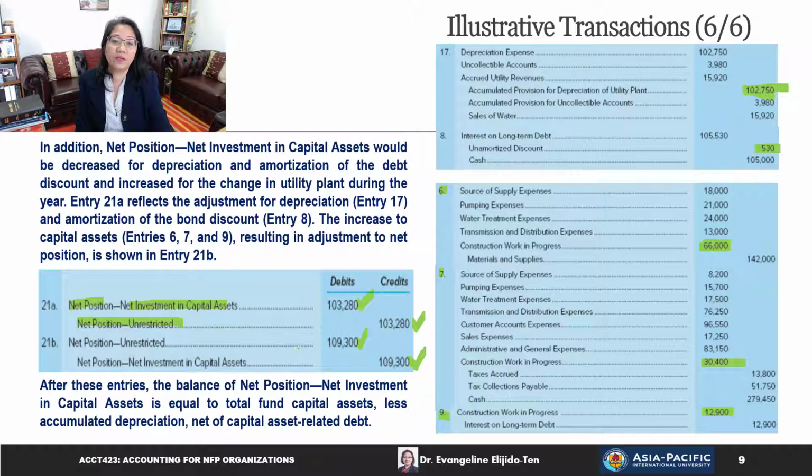So the total of that is 109,300. So after these entries, the balance of net position, net investment in capital assets is equal to the total fund capital assets less accumulated depreciation and net of capital asset related debt.